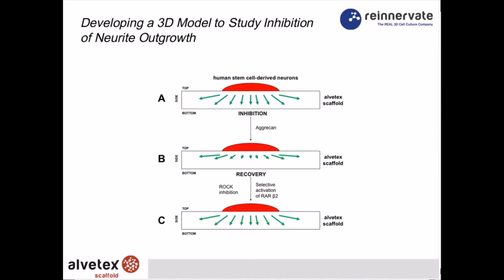And then if we look at the literature and also what is known about neurite growth, we can predict the use of certain small molecules which will enable recovery and rescue of that inhibition. So things like ROCK inhibitors, things like these retinoid agonists. So let's look at some of these data from this experiment.